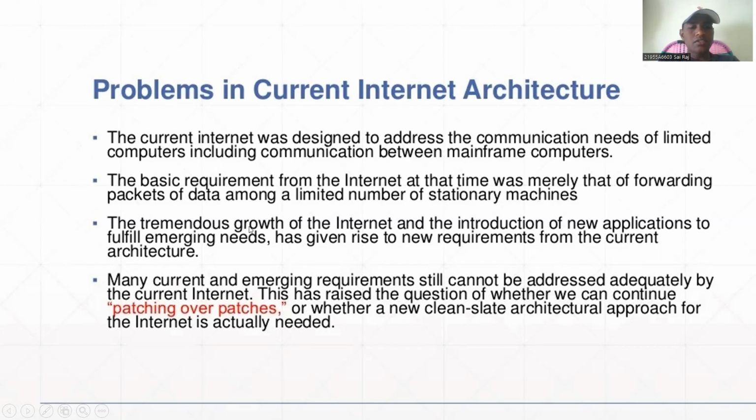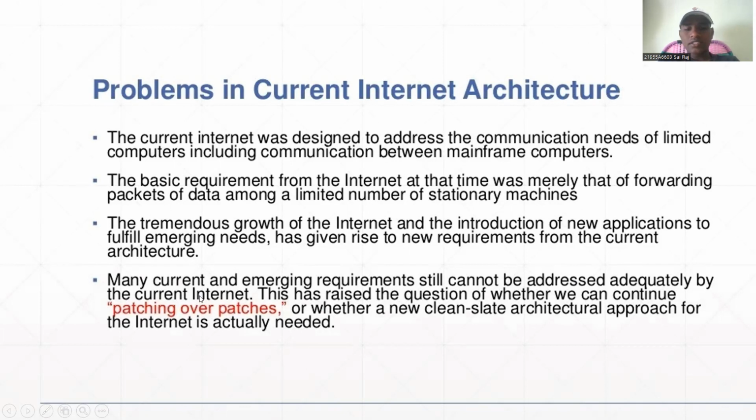The tremendous growth of the internet and the introduction of new applications to fulfill emerging needs has given rise to new requirements from the current architecture. Many current and emerging requirements still cannot be addressed adequately by the current internet.